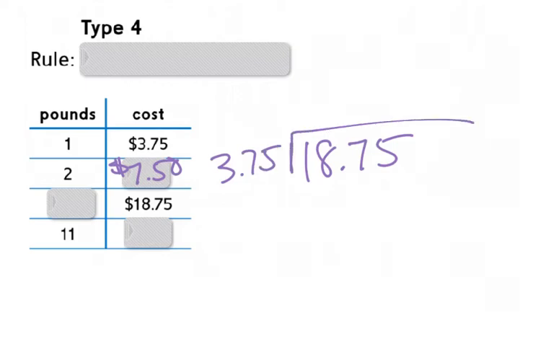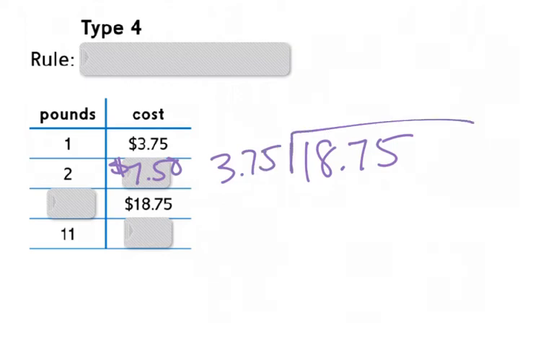So let's go ahead. Well, the next one, if you were in school, I would actually allow you to use your calculator. These are just practice ones so you can see. But if I took 18.75 and divided it by the $3.75, I would let you use your calculator.